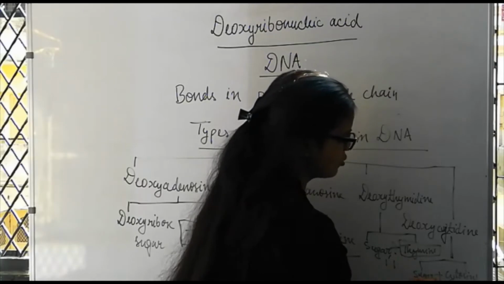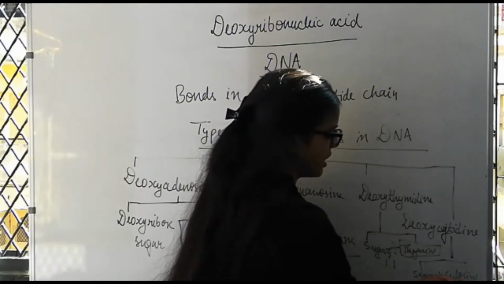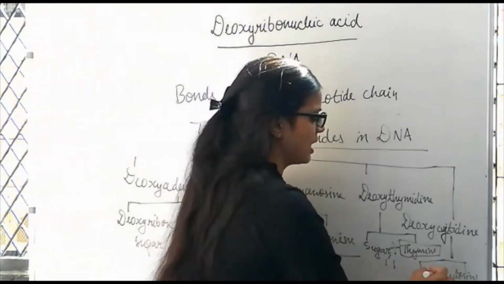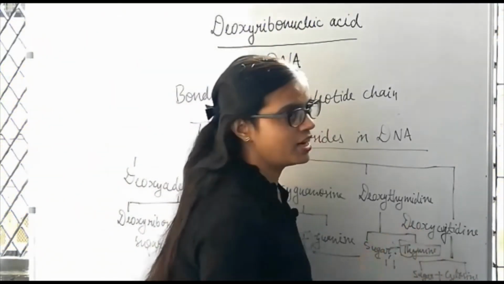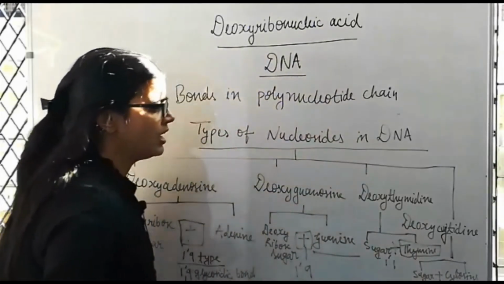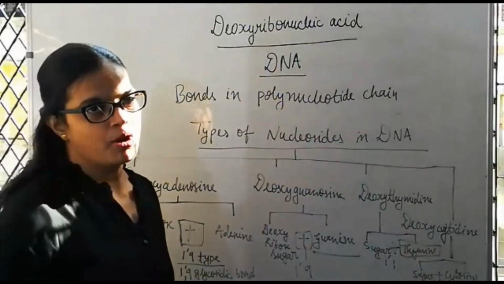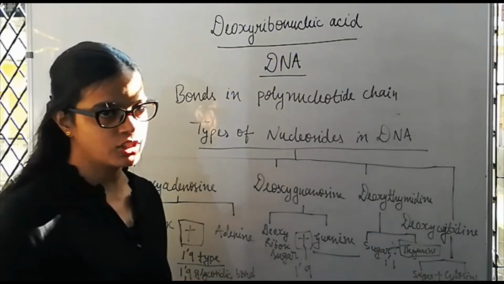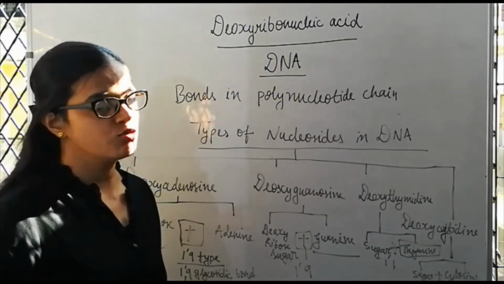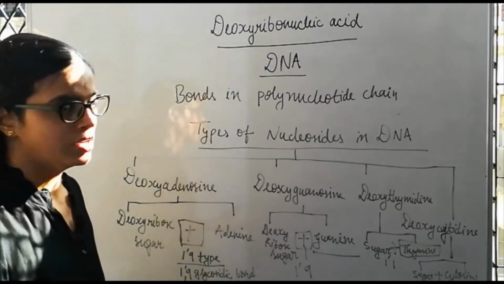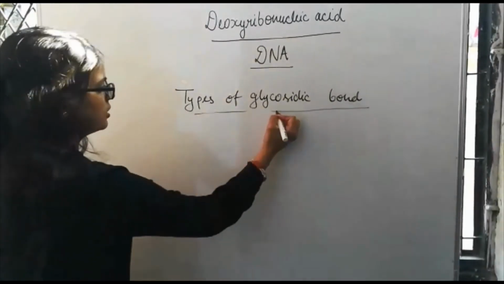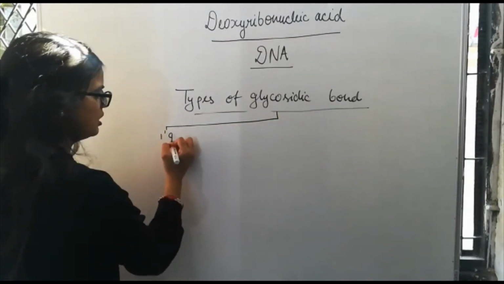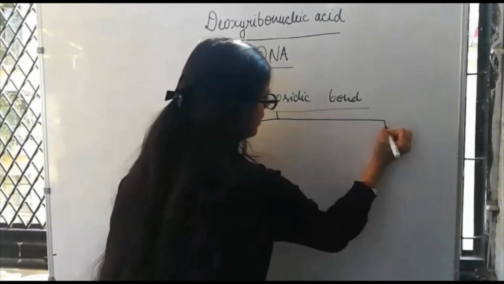In the same way, cytosine is a pyrimidine, so the glycosidic bond is of type 1-1. Glycosidic bond is of two types: 1-9 and 1-1.